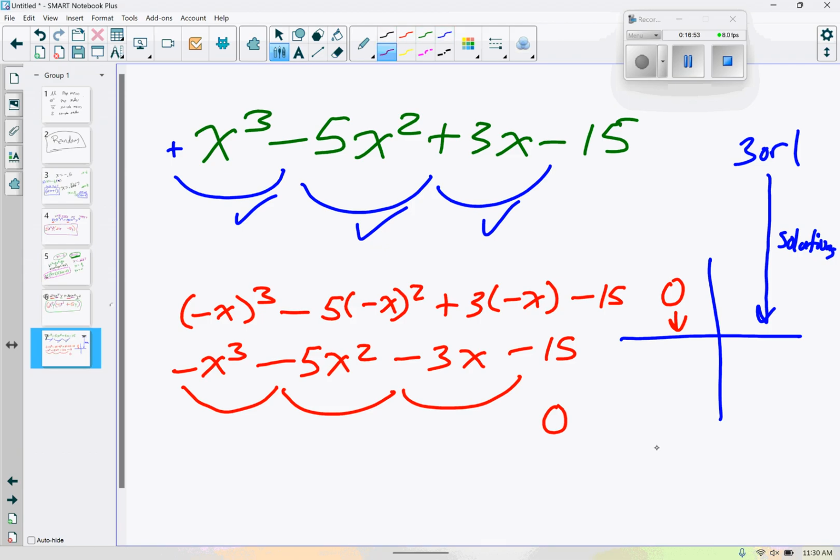All the factors of 15 are plus or minus 1, plus or minus 3, plus or minus 5, plus or minus 15, all over all the factors of 1, which are plus or minus 1. If you go through the math, this has 8 different possible solutions for where it crosses the x-axis, as long as none of them are imaginary.